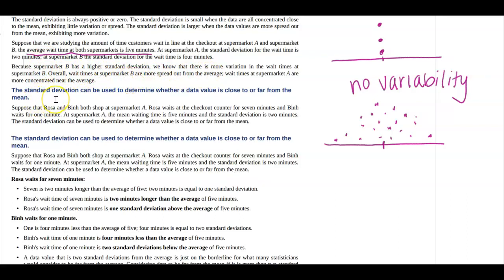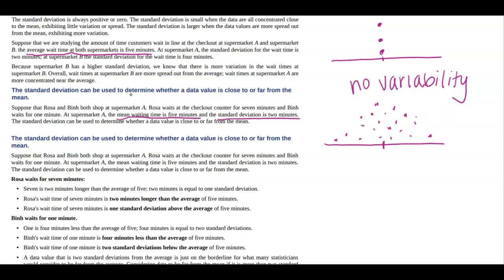Now, let's say that Rosa and Bean both go to supermarket A. Rosa waits at the checkout counter for 7 minutes, and Bean, or Ben, I'm not quite sure how to pronounce that, only waits for 1 minute. Remember, at supermarket A, the mean wait time is 5 minutes with a standard deviation of 2.